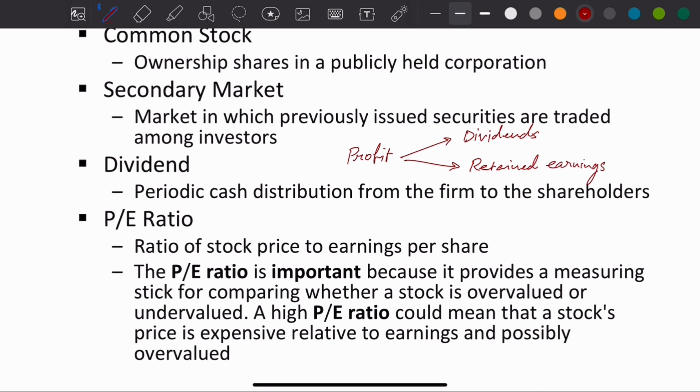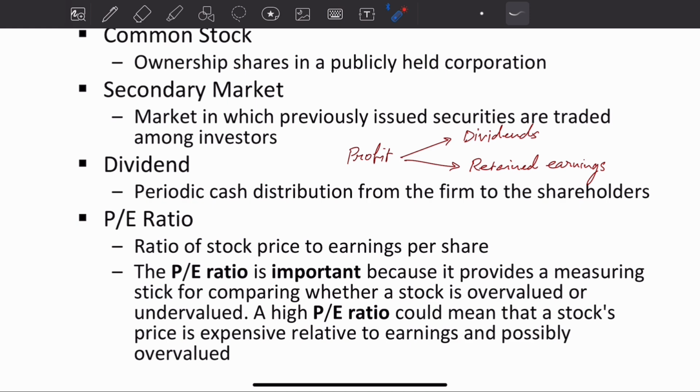Okay, that will be really important later on in this chapter, but it's worth mentioning right now. Now, this is the part that we are talking about right here, which is the portion of the profits that is distributed back to the investors in the form of dividends, which forms a part of the returns that the investor will generate from investing in that company.